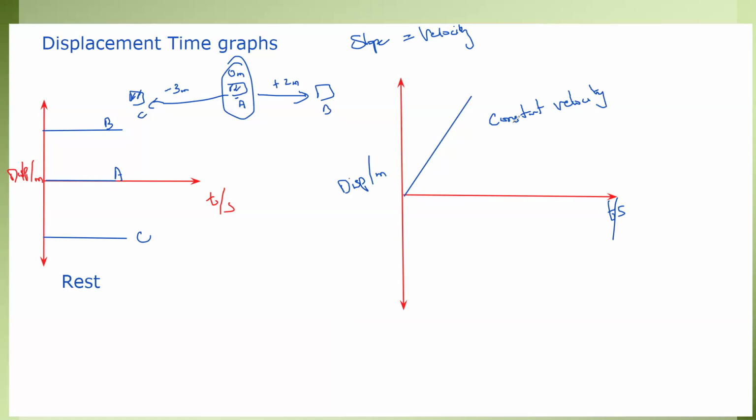Then what you have to do is work out the value of the gradient, but there is no scale mentioned. So how do you know the value of the gradient? Just take 2 points. Because this is a time axis, this is the first point. The first point on the y-axis will be y1, and the second point on the y-axis will be y2.